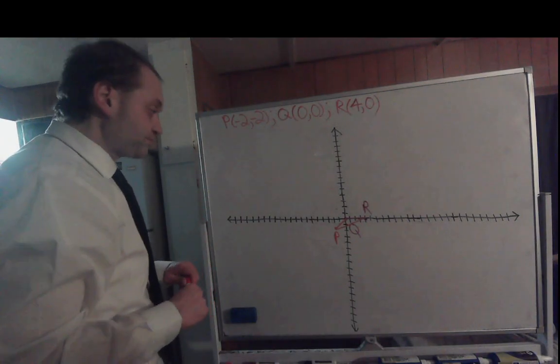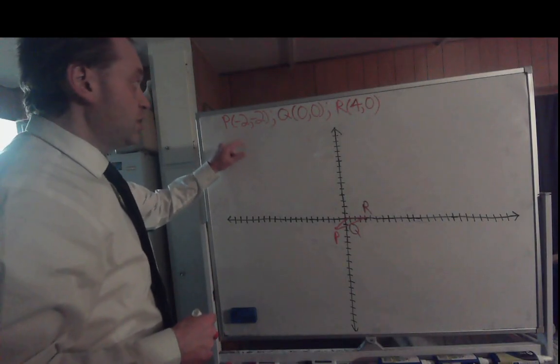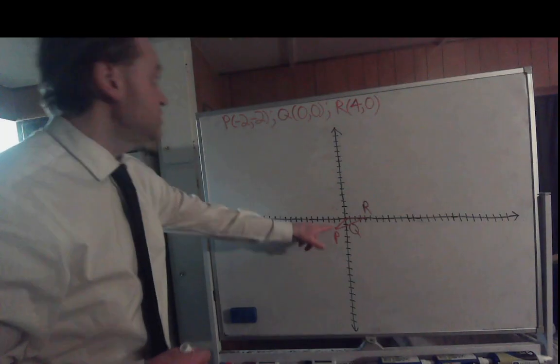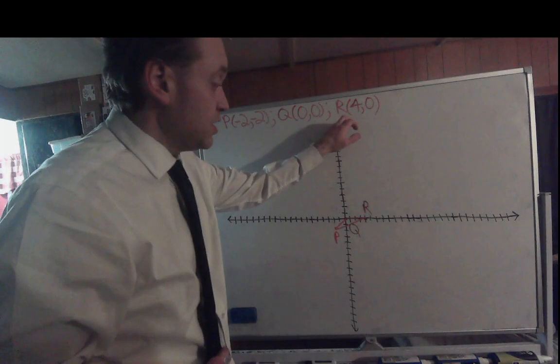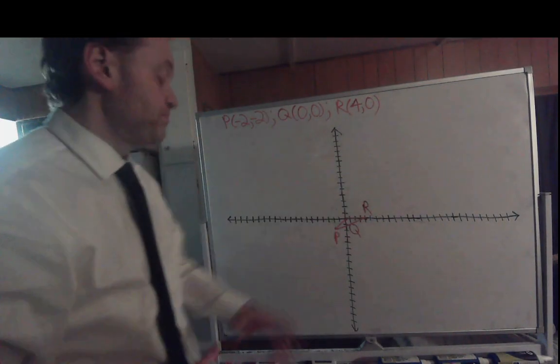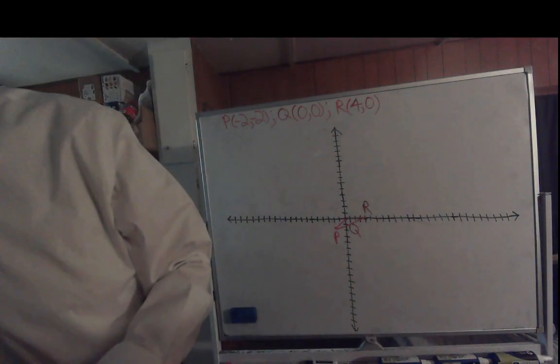Now we got, of course, triangle PQR, P at -2, -2, Q at the origin at 0, 0, and then R is at 4, 0. This is where it gets fun.